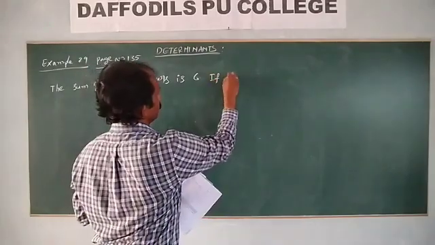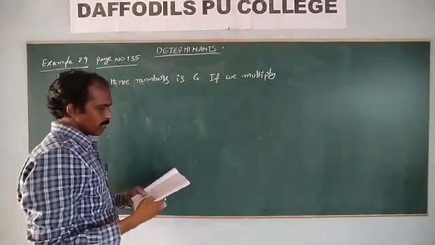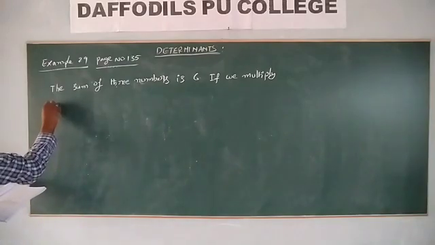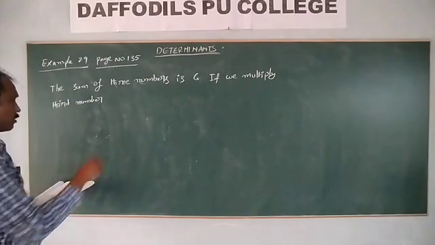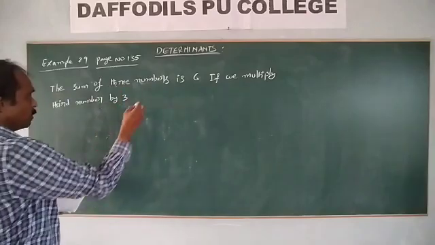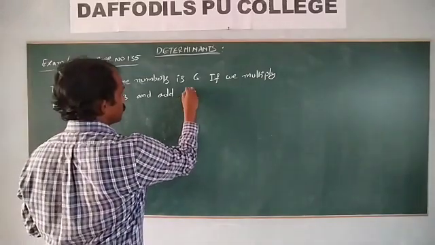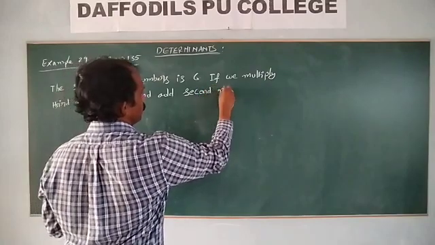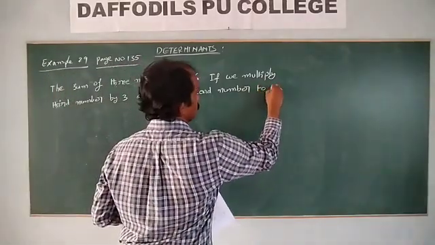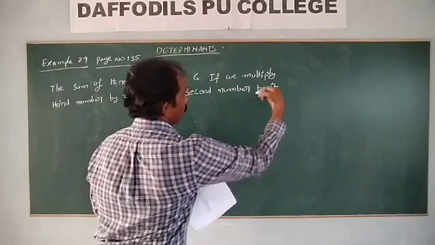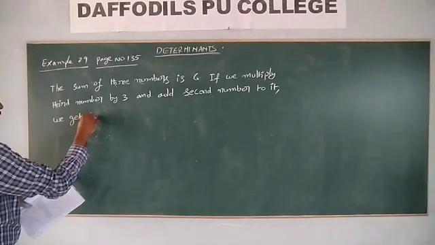If we multiply the third number by 3 and add the second number to it, we get 11.